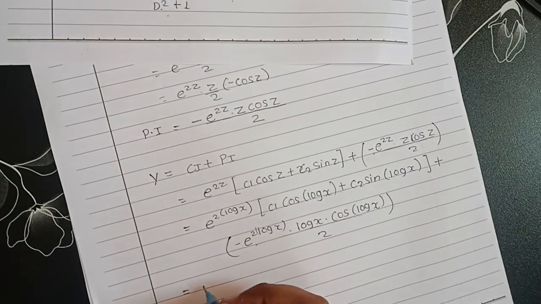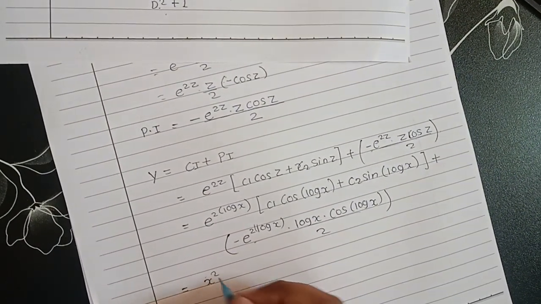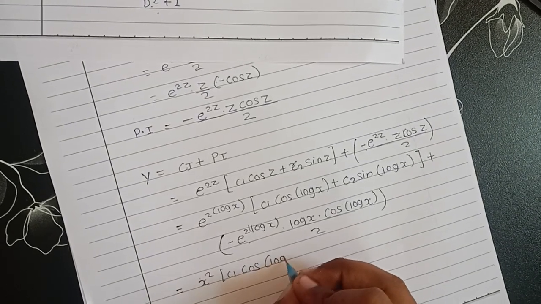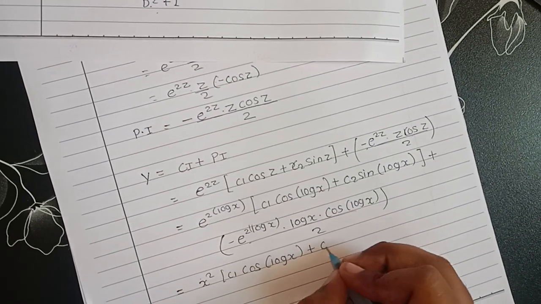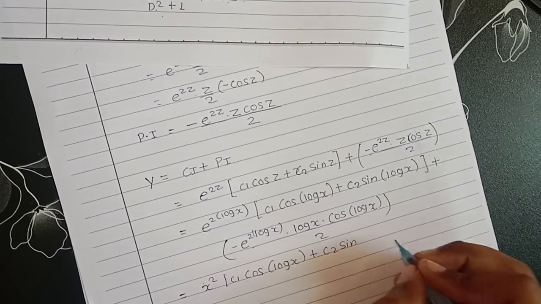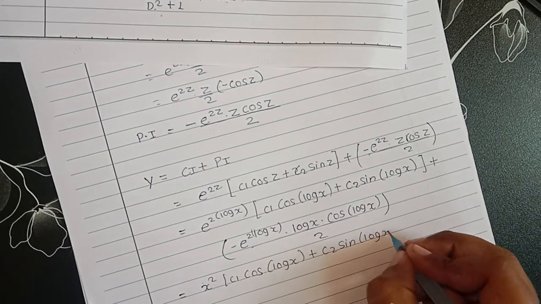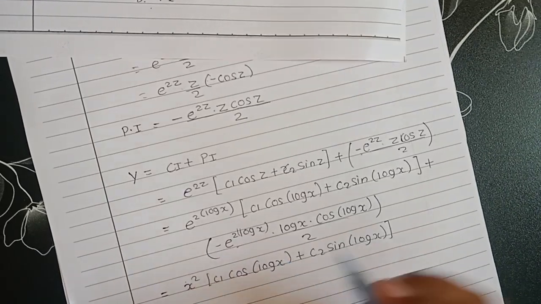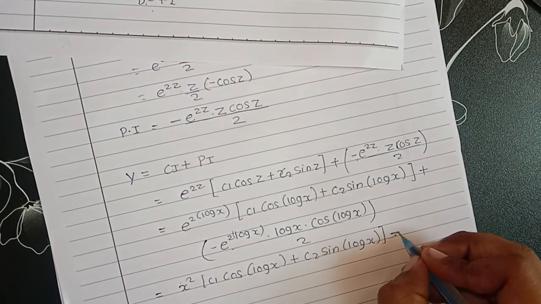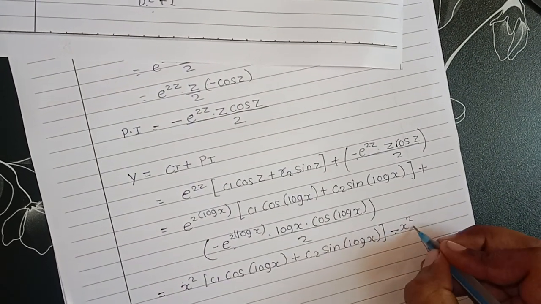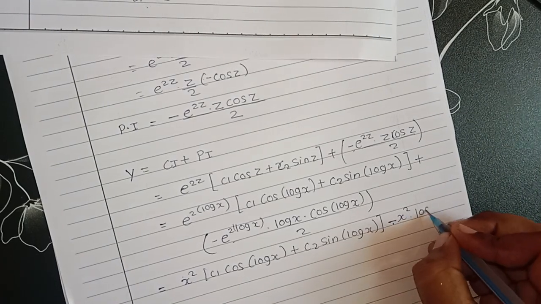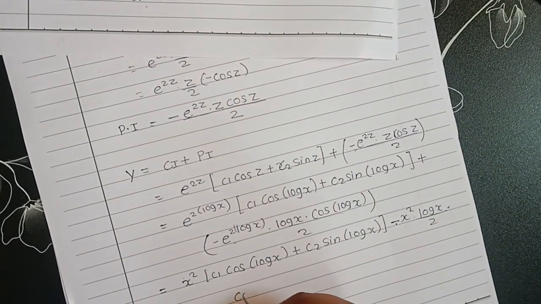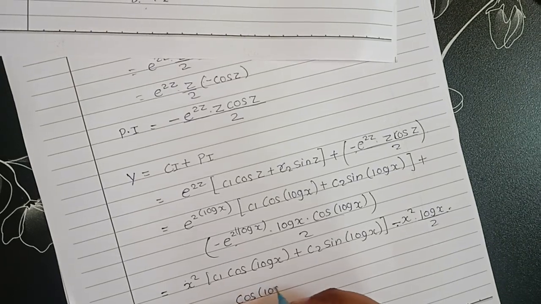It becomes x square c1 cos log x plus c2 sin log x minus x square into log x by 2 into cos of log x.